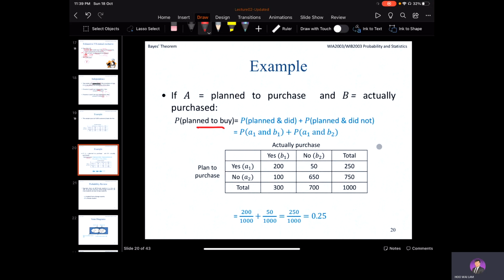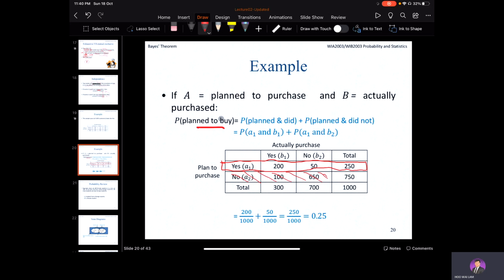So you are calculating this whole part, but disregarding this whole part. So this is considered the marginal probability for probability of plan to buy.